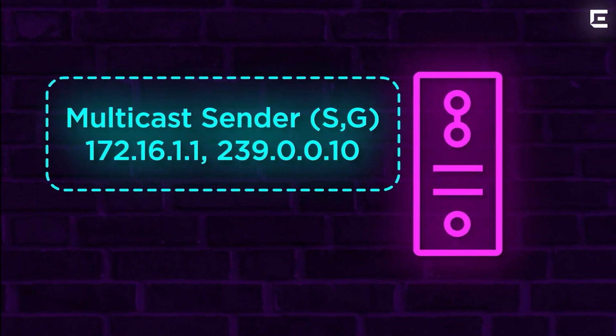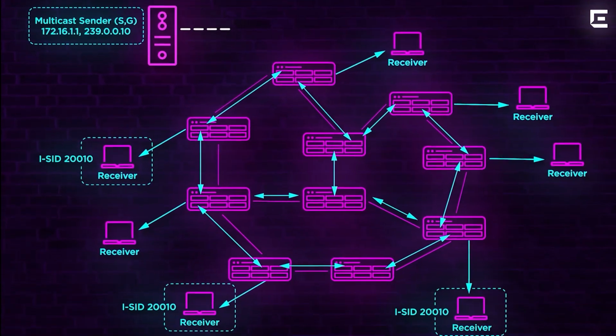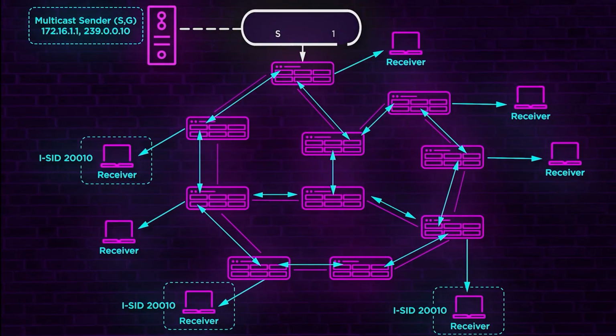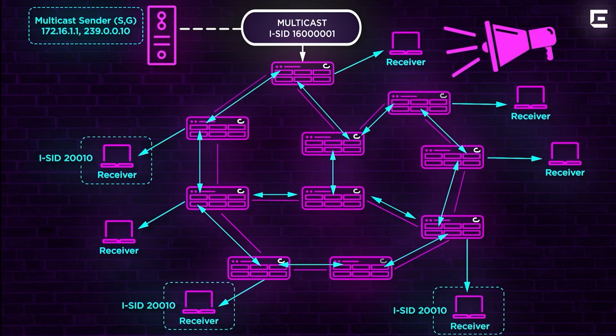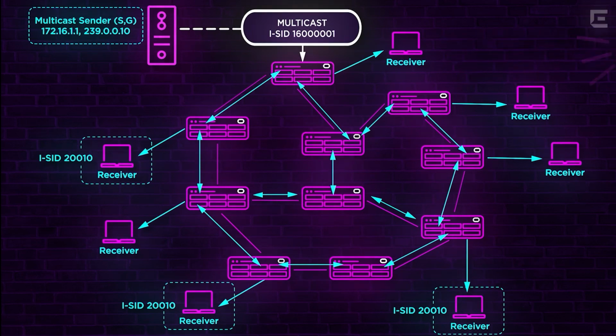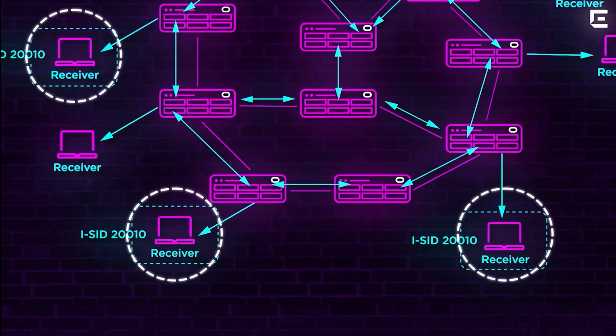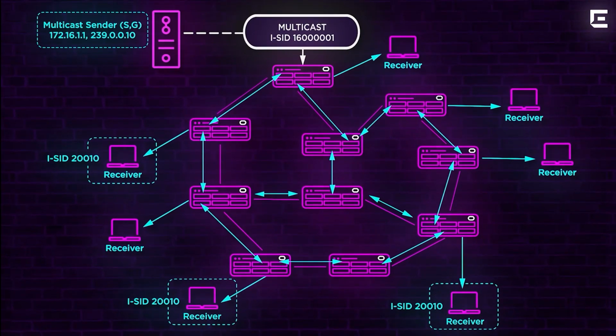So now the multicast traffic is going to go in to a BEB, and that multicast traffic then needs to be advertised throughout the entire fabric so that it can eventually get to a receiver that's connected to a BEB. All the receivers that want to receive that multicast stream have to be on the same customer VLAN, which you see over here as customer VLAN 100. And you do that really by associating them together.